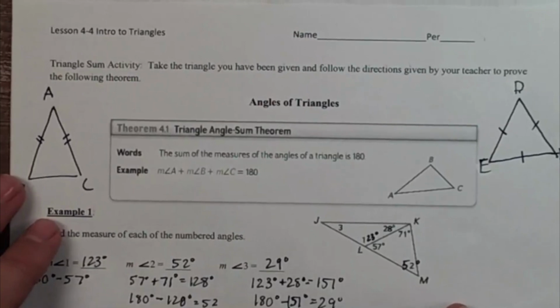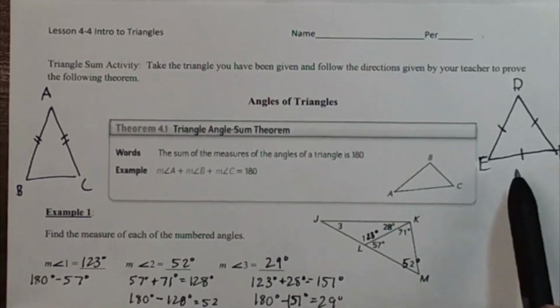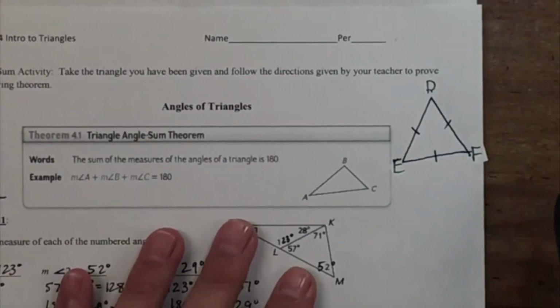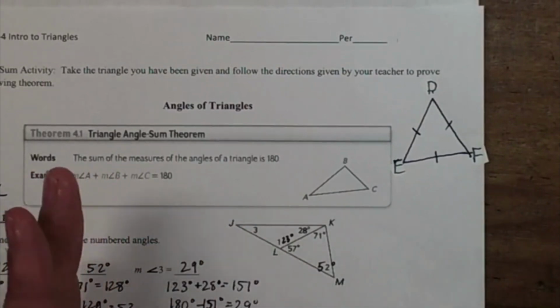All right, so the last thing we're going to do is look at inequalities in one triangle. But before we get there, we need to talk about sides and angles of triangles. So if we look at this equilateral triangle on the right, DEF, I'll slide it over a bit, we know all the sides are congruent, and that's called equilateral.